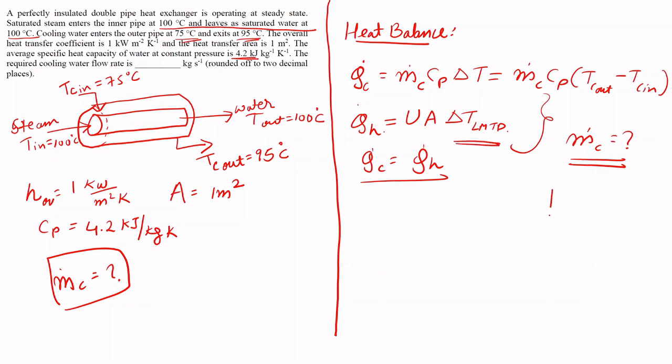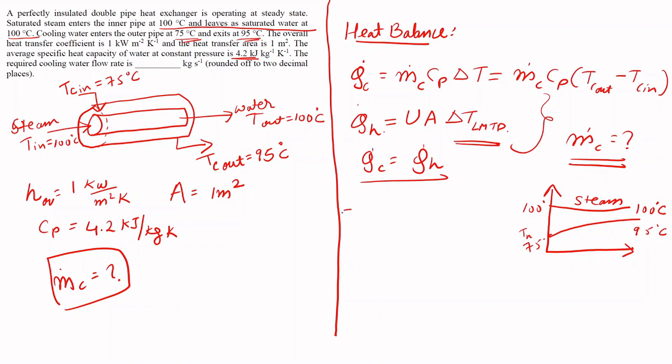For it, we will plot the temperature profile across the tube. This is my steam. It enters at 100 degrees Celsius and leaves as water at 100 degrees Celsius, whereas the coolant enters at 75 degrees Celsius and leaves at 95 degrees Celsius.